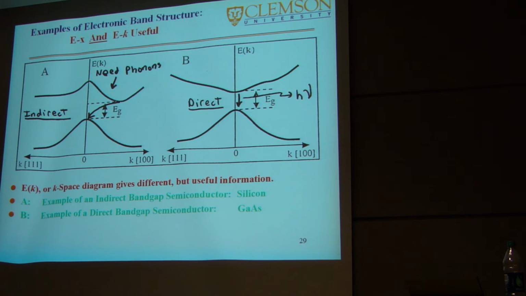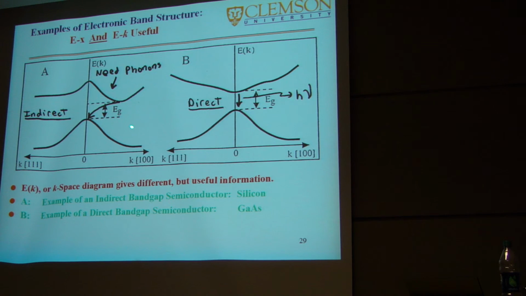And so transitions of electrons from here to here or here to here are direct. And so if I have an electron that falls from the conduction band to the valence band, where does that energy go? Under the right conditions, it can go into a photon and produce light. And so a direct band gap semiconductor can be used as a photoluminescent or a photovoltaic device. And we make semiconductor lasers out of them.